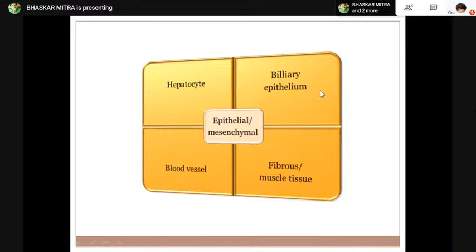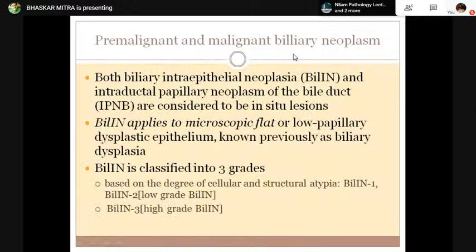Now we are shifting to the biliary part, biliary epithelium part. Now again, the biliary epithelium premalignant lesions. Dysplastic nodule, hepatocellular carcinoma, here is the premalignant. What are these premalignant lesions? As we are dealing with biliary neoplasm, it has to be biliary intraepithelial neoplasia. There are 2 intraepithelial neoplastic entities.